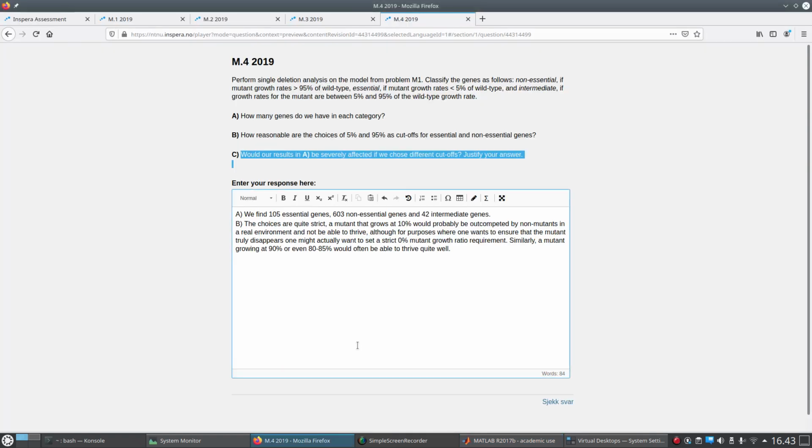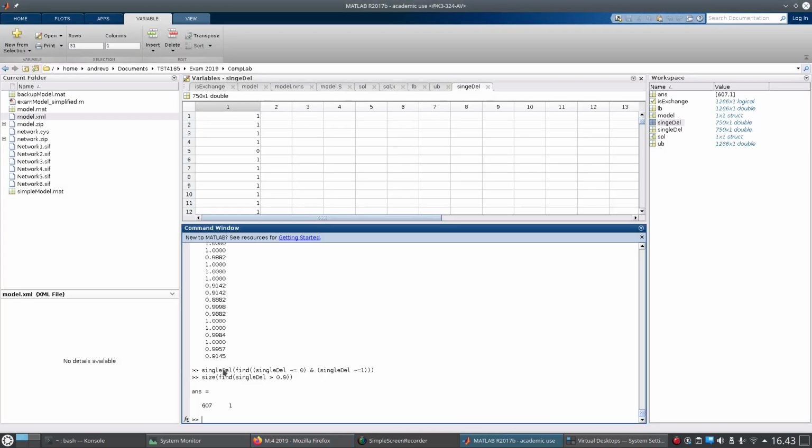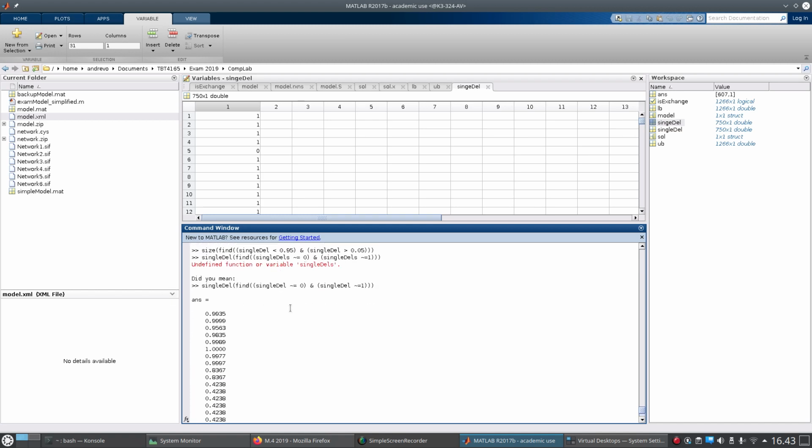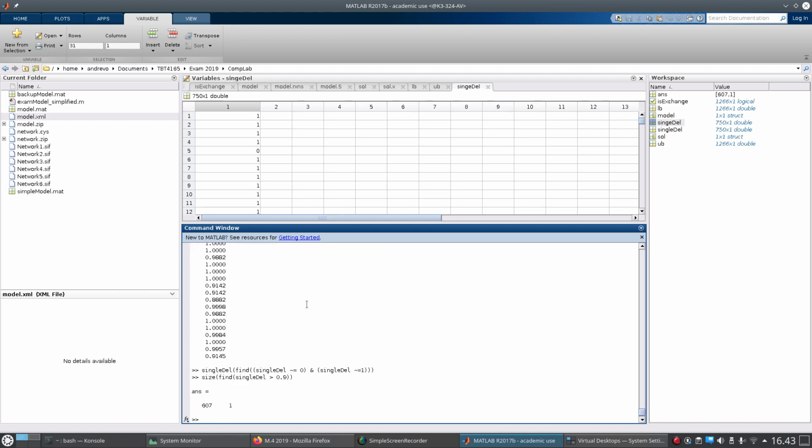So by changing that criteria from 95 to 90%, we have 4 genes that have been rebranded, which would be this one, these 2, and this one, I suppose. Yeah, that's it. So anything smaller within that regime would not really have a great effect.